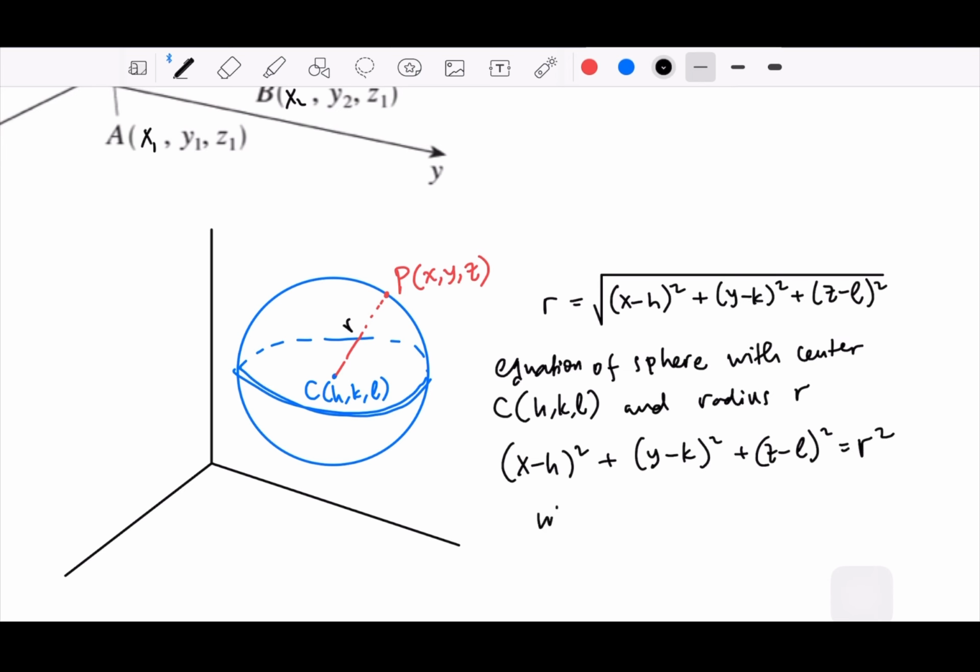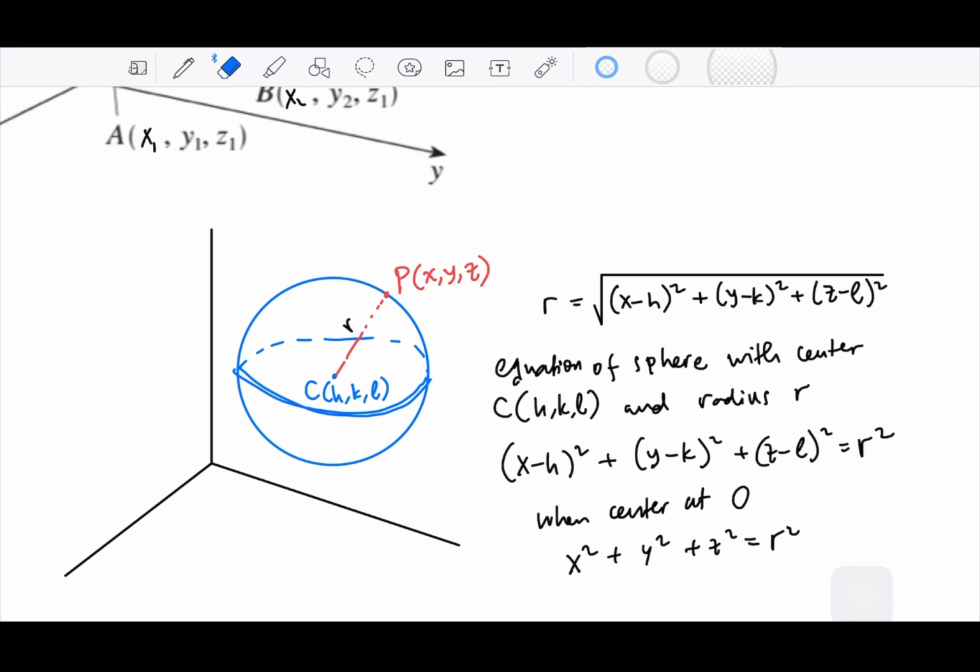Or when the center is at the origin, this becomes x squared plus y squared plus z squared equals r squared. That's the introductions. Okay.